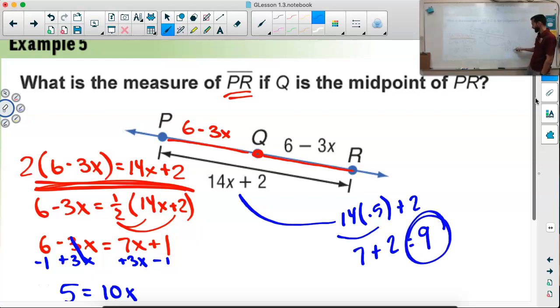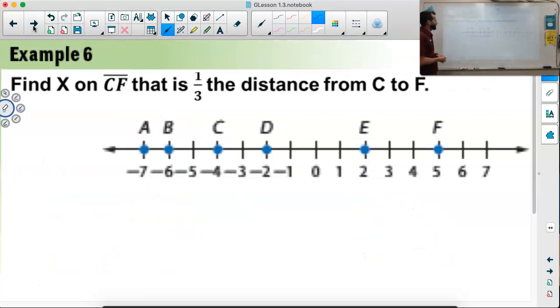So the entire thing is 9. If I really wanted to double check my work, I could plug it in here also and make sure that I got the same answer. Yeah, this should end up being, QR should be 4.5. Exactly half of 9. If I don't get that, I did something wrong in my math. All right? Hopefully you can see that one's not too bad.